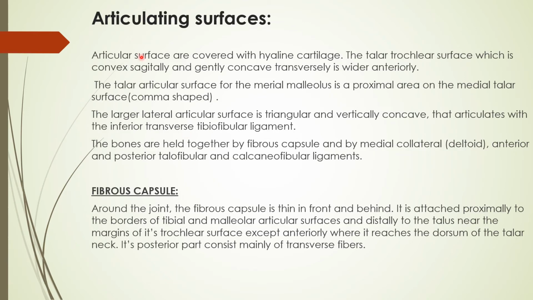Articular surfaces is what is next to be considered when you are discussing any joint. Articular surfaces are covered with hyaline cartilage. Hyaline cartilage, as previously told, protects against erosion of the bones, and a soundless joint, painless joint, is the criterion of the hyaline cartilage.